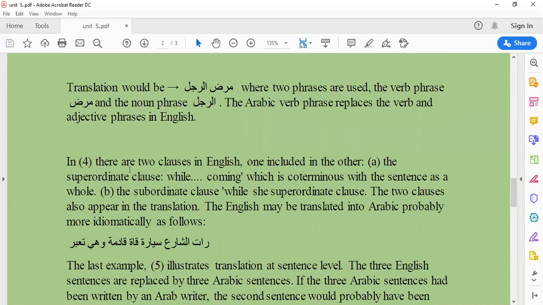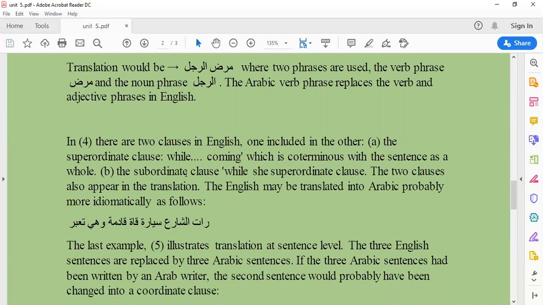In 4, there are two clauses in English, one included in the other: a subordinate clause, while she was crossing, which is continuous with the sentence as a whole.